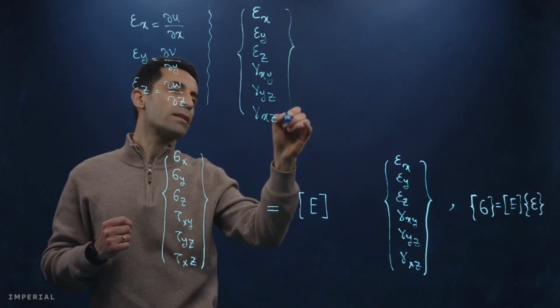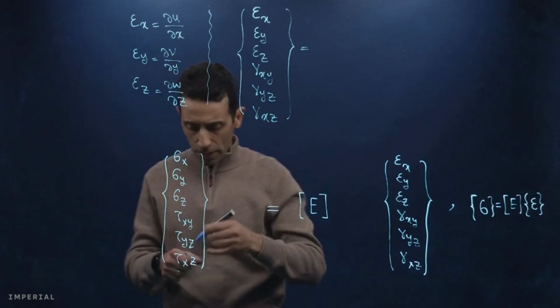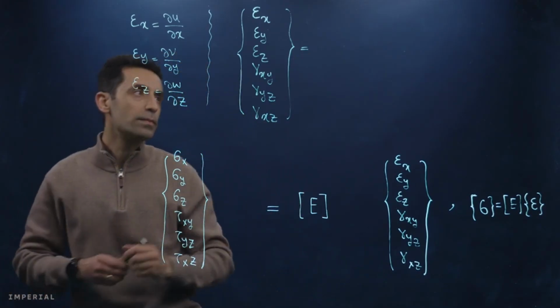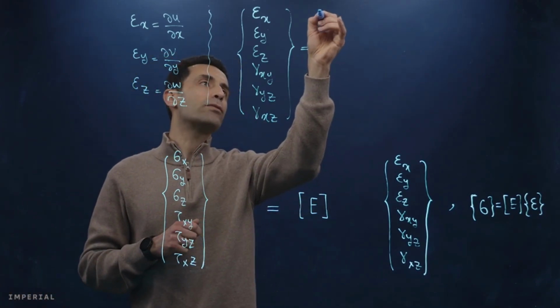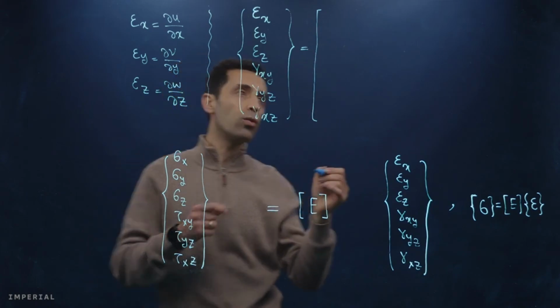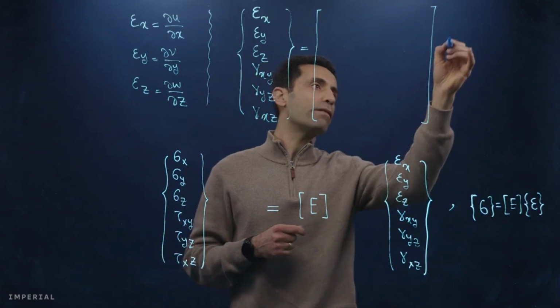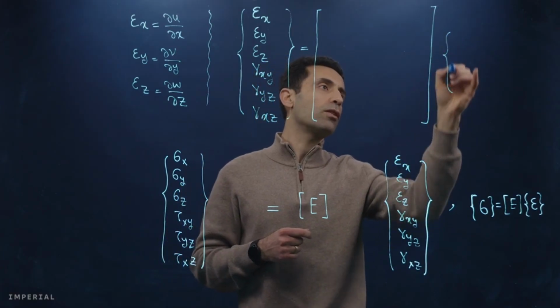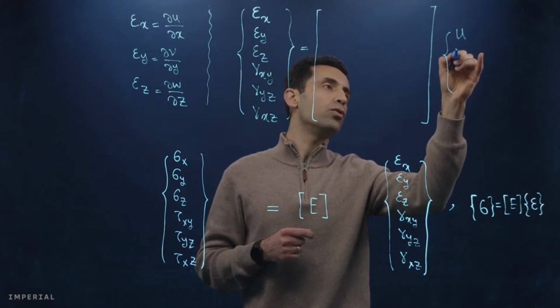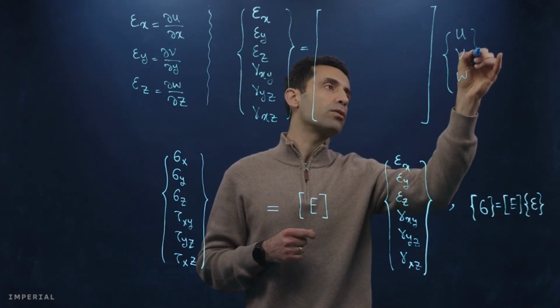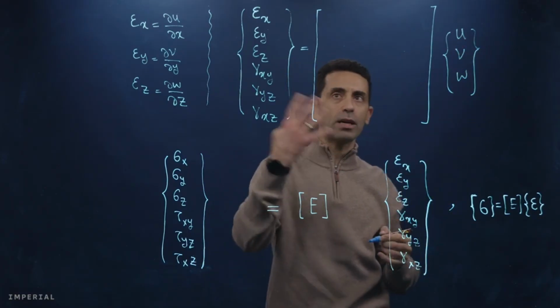I'm going to write this in a matrix format. So here I have a matrix that includes all the derivatives that I just mentioned. And then I have another vector here, which is the vector of displacement: u, v, and w, the displacement of every point in x, y, and z direction.